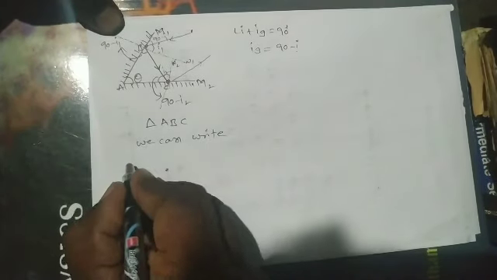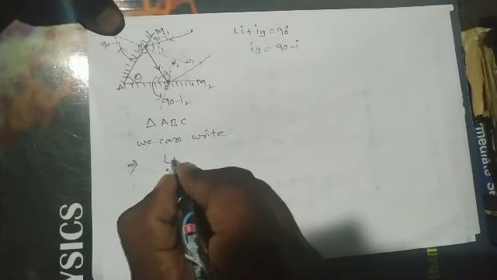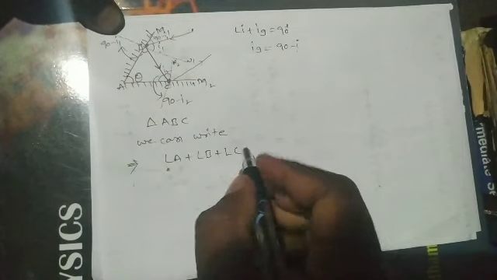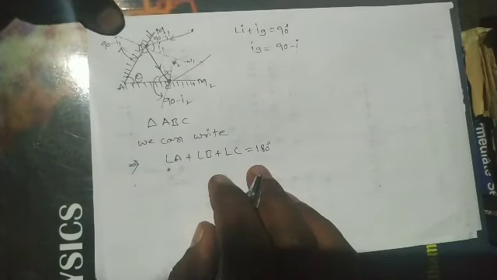From triangle ABC, we can write angle A plus angle B plus angle C is equal to 180 degrees.